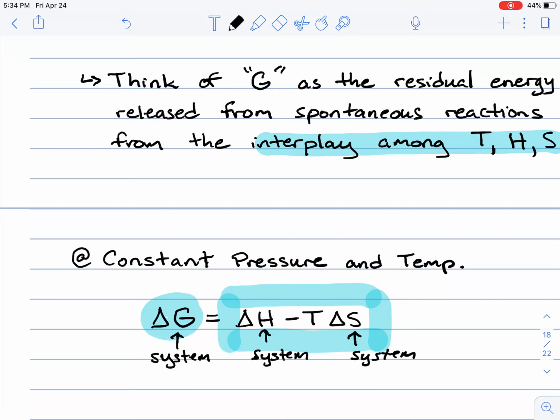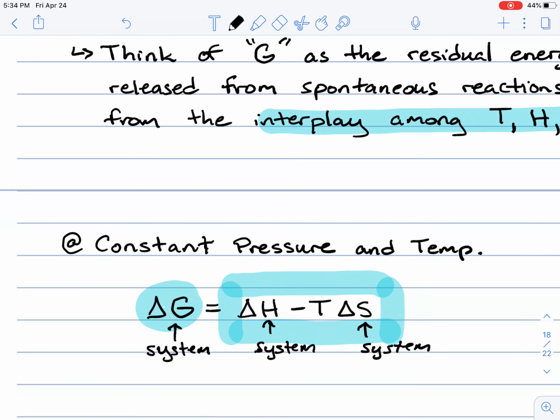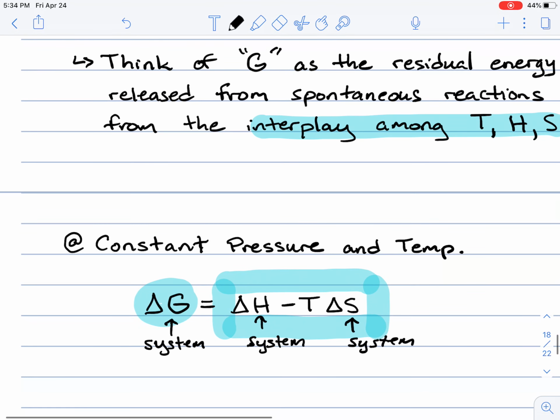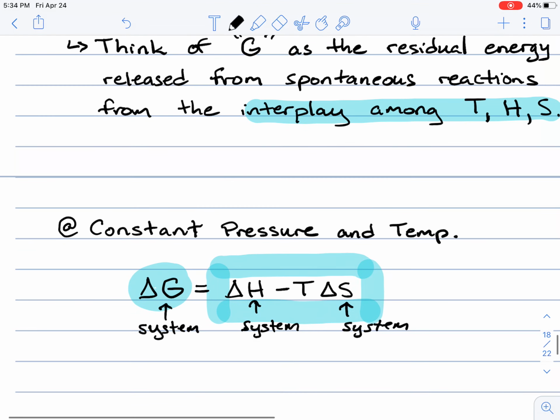And so once again, the system is the subject that we're studying, which in this case are chemical reactions. And so if we are able to measure the enthalpy and entropy of the chemical reaction and record the temperature that they were performed at, we can go ahead and predict whether or not the reaction is spontaneous by looking at the value of the change in Gibbs free energy.